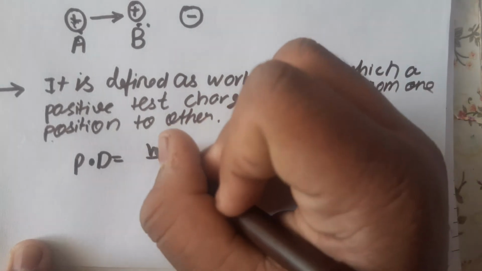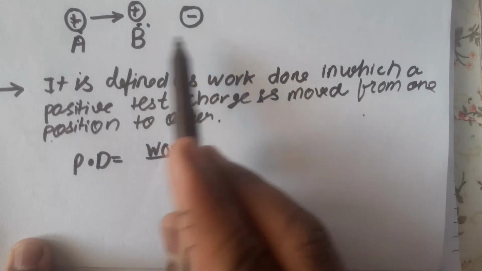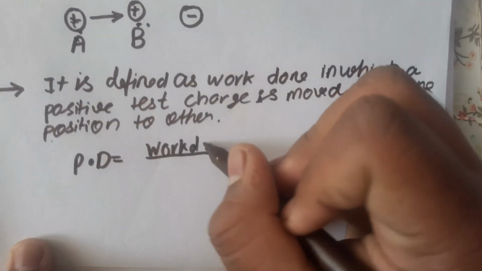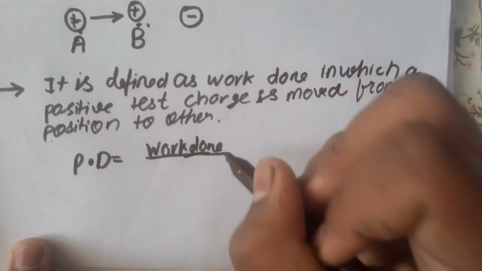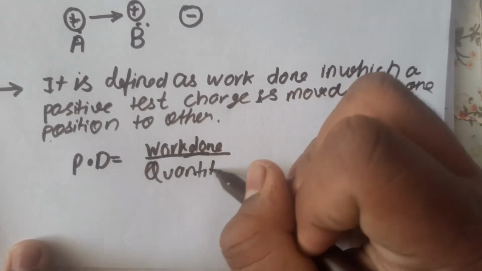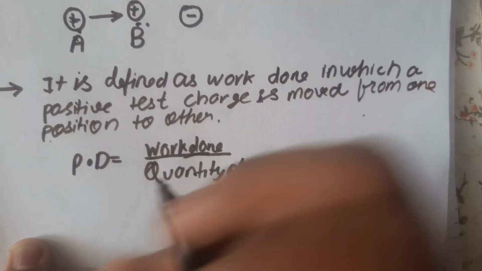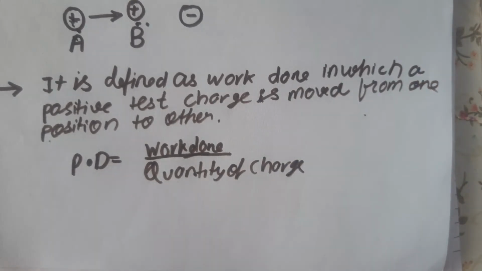PD is equal to the amount of work done in bringing this positive test charge from point A to point B, divided by the quantity of charge moved, that is, the amount of charge that an electron or proton may contain.